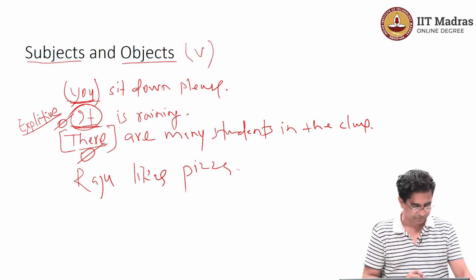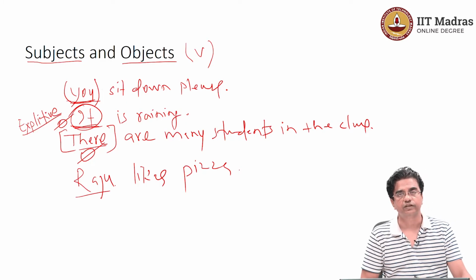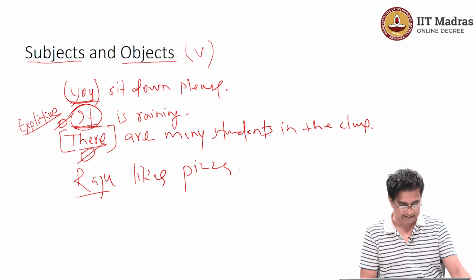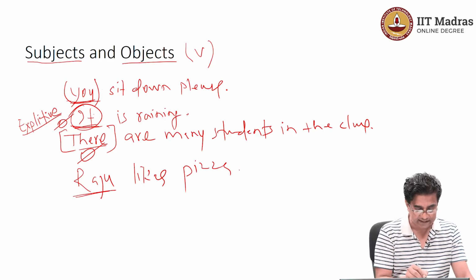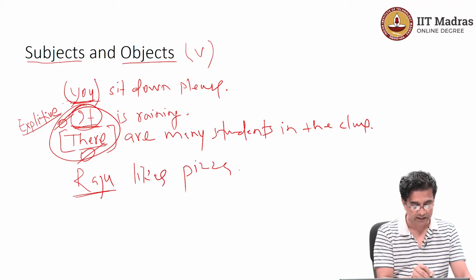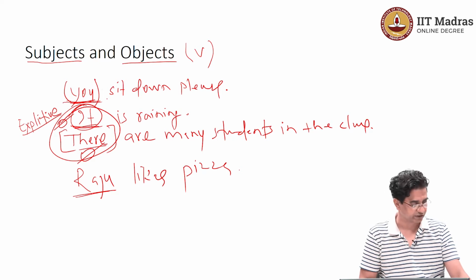So we have these types of subjects. Here I am giving you examples of 3 different types of subjects of a sentence: just a noun as a subject, a noun as a subject which has no meaning, and "you", an apparent subject which is not articulated.